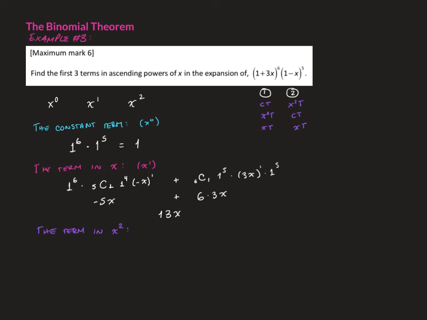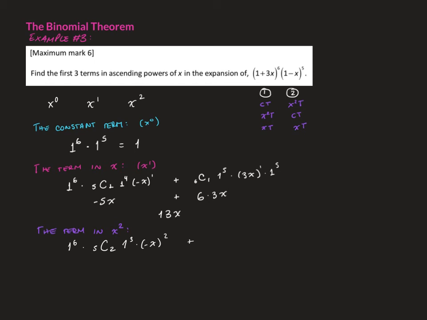So here we have three cases. The first case is the constant term in the first binomial and the x squared term in the second binomial. We already know the constant term in the first binomial is 1 to the power of 6, and the x squared term in the second binomial is going to be 5 combination 2, 1 to the power of 3 times minus x to the power of 2.